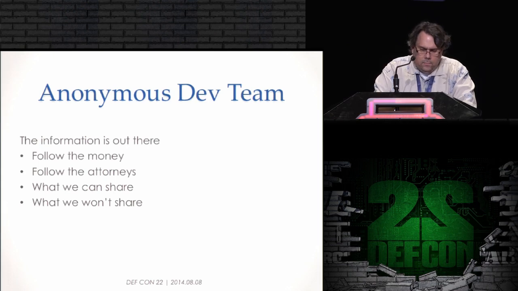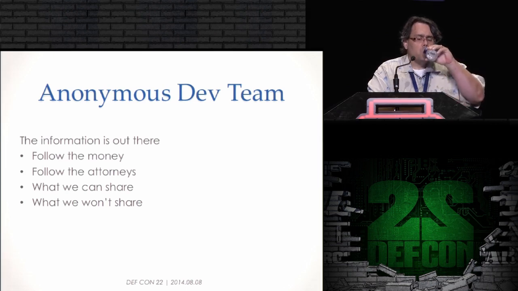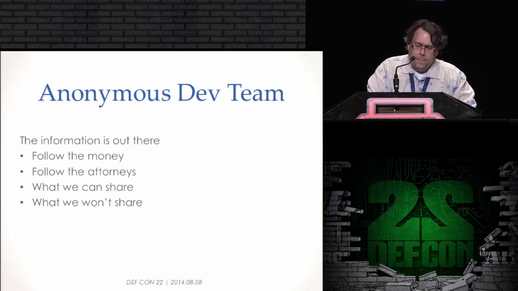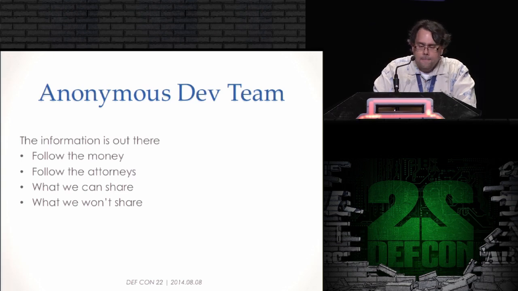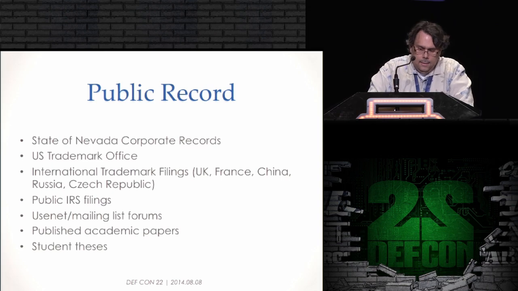So one of the other things that's kind of interesting about this is the development team. If you just go on Wikipedia, there's a ton of information out there, right? So what we know is some of the original developers were interviewed. These things are on multiple GitHub repositories. There are trademark filings in the UK, France, China, the Czech Republic, and in the US.